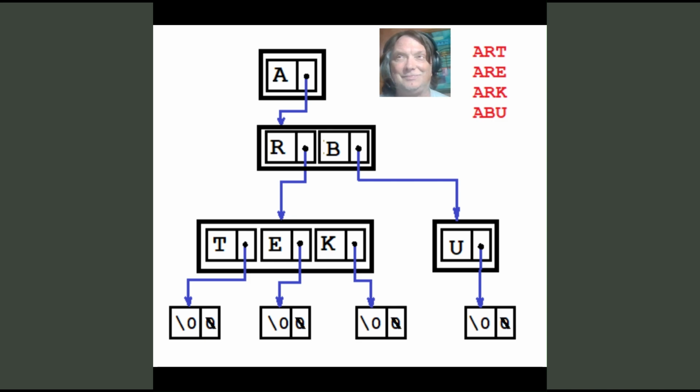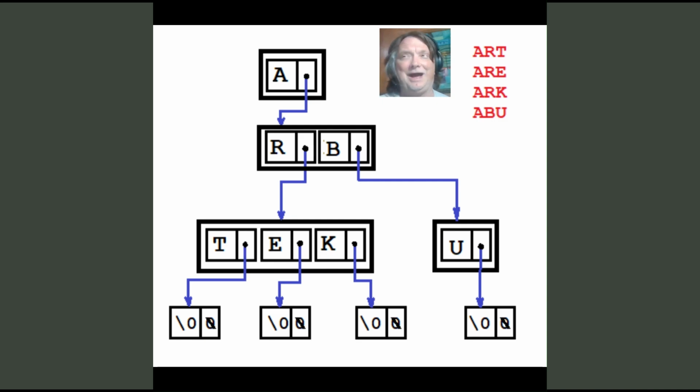And to store this, on each node there's an array or a vector of character and pointer pairs. And those character and pointer pairs point to another node, and so on down to the final pair that has a null character and a null pointer.